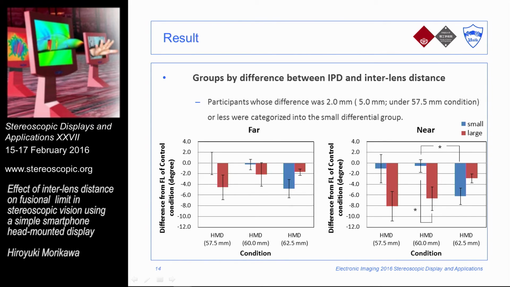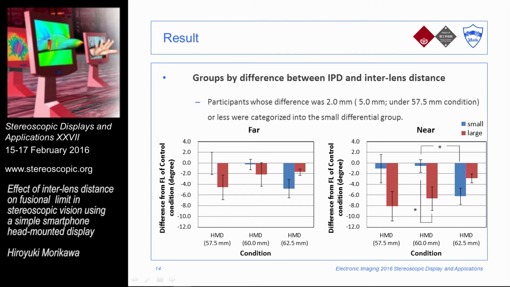The remaining participants were categorized into the large differential group. Under the 57.5 millimeter condition, this difference value was set to 5.0 millimeters in order to make the sample size equal to the other conditions.